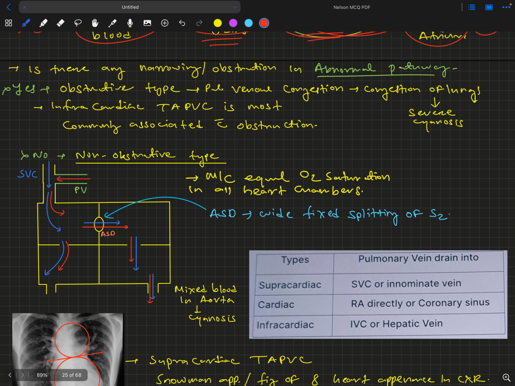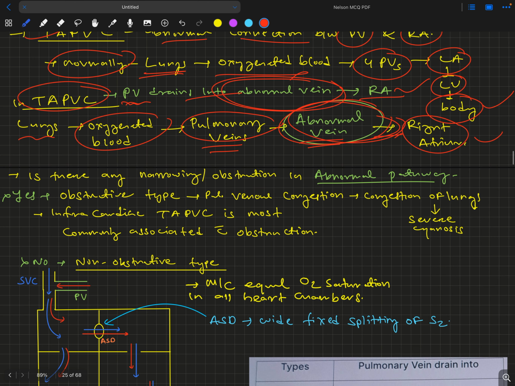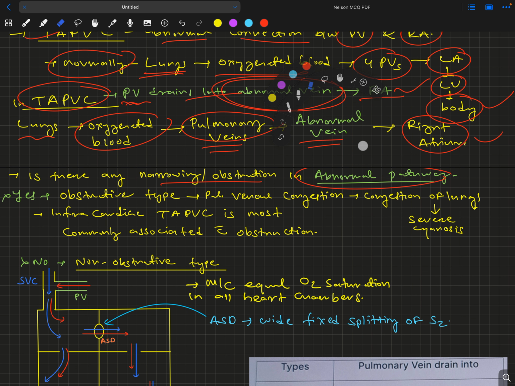We can divide it into two types: obstructive type TAPVC or non-obstructive TAPVC. If there is any narrowing or obstruction in this abnormal pathway, then it is called obstructive type. If there is no obstruction while blood is flowing through this abnormal vein, then it is non-obstructive type.